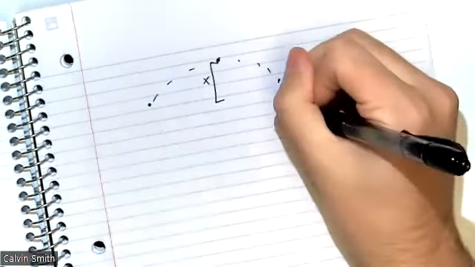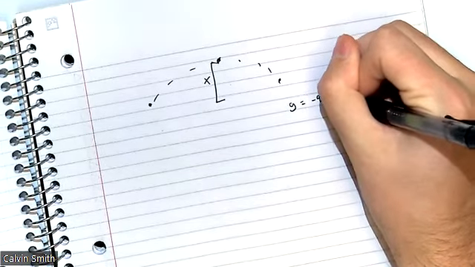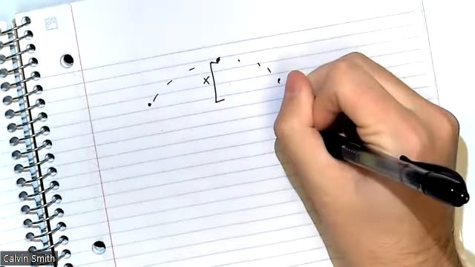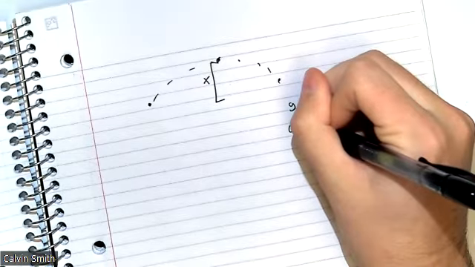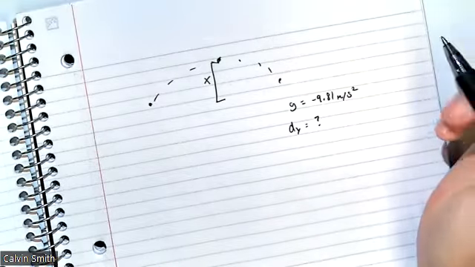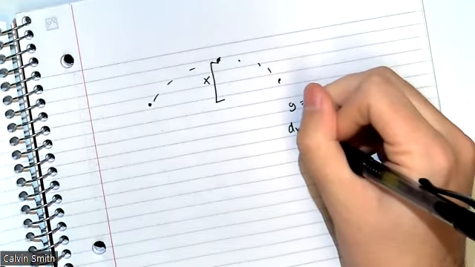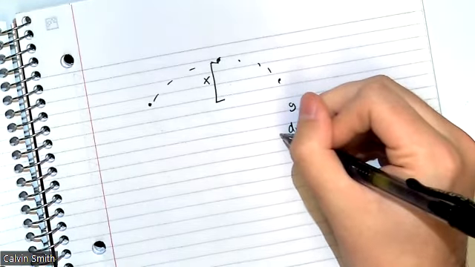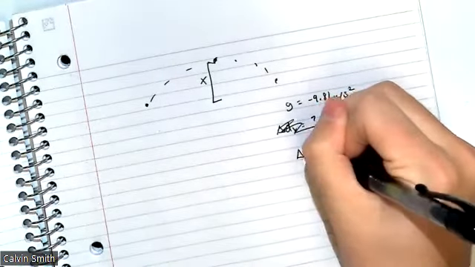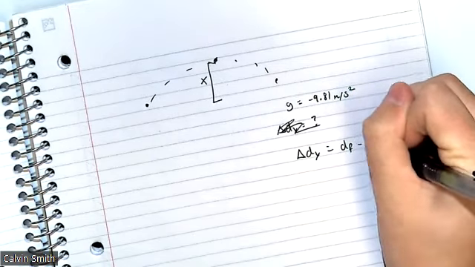So let's list all the variables we know, either given or implied. We've got gravity. So d sub y is what we're looking for. Delta d sub y is final minus d initial.